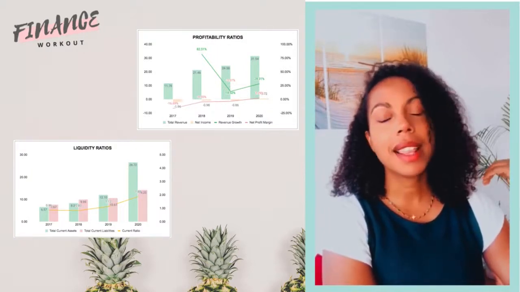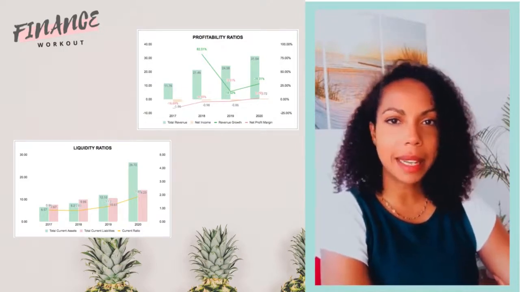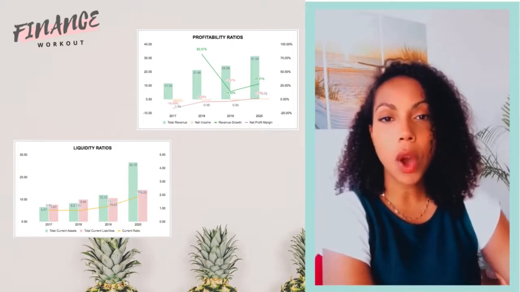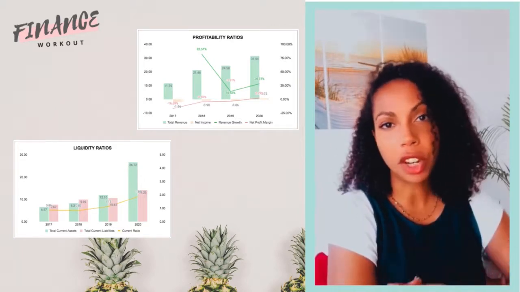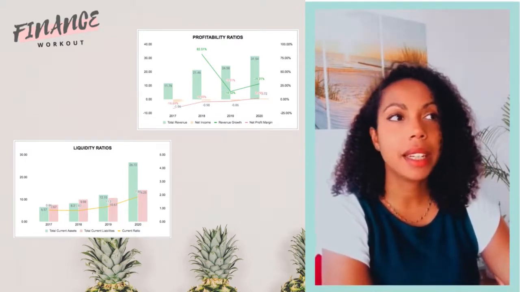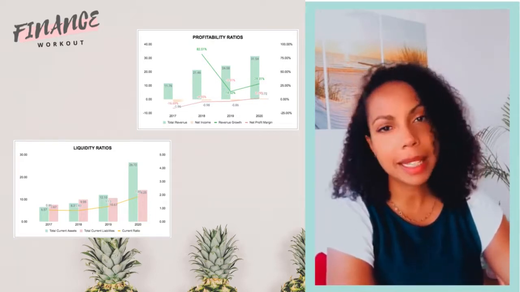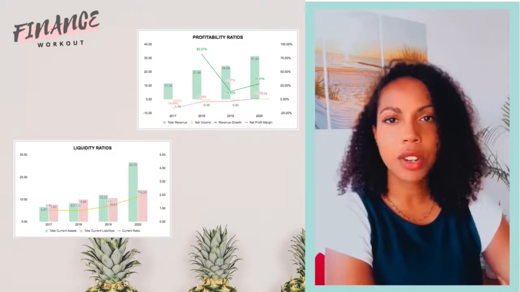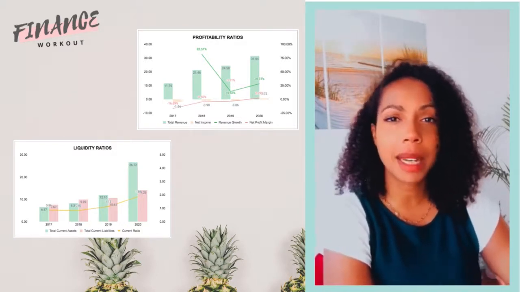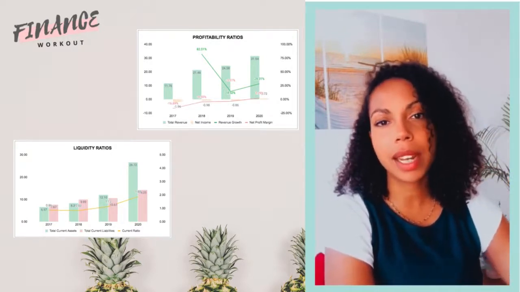And then on the balance sheet, you want to compare your assets to your liabilities. You remember, assets are things that you own. For example, we just touched on inventory, and cash is an asset. Your liabilities are your debts, your obligations to your suppliers, etc. You want to make sure you have enough assets to cover those liabilities.